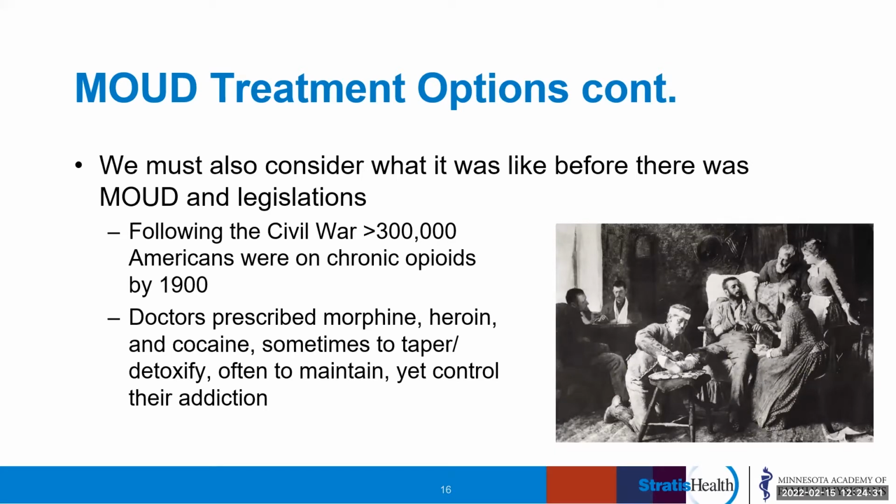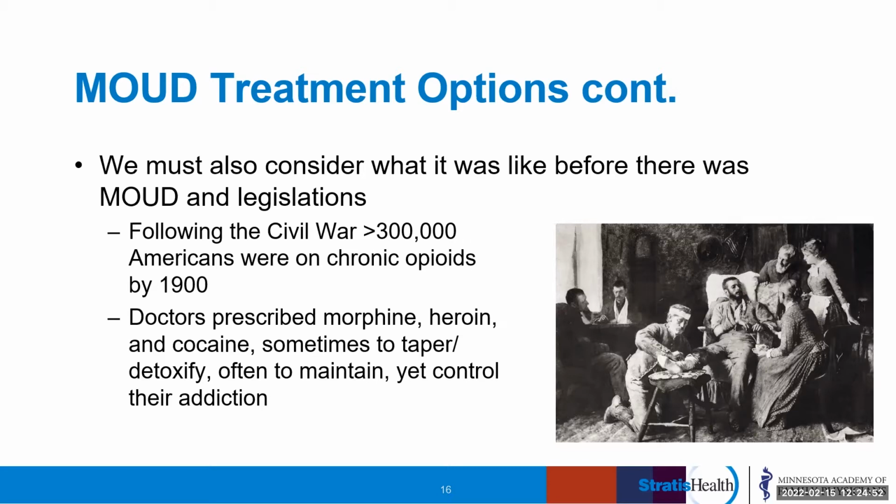If you look way back at the Civil War, coming out of the Civil War, there were more than 300,000 people on chronic opioids by 1900. A lot of people had injuries from the Civil War, the amputations, and these people came out basically using morphine, which was a common thing at the time, and opium.